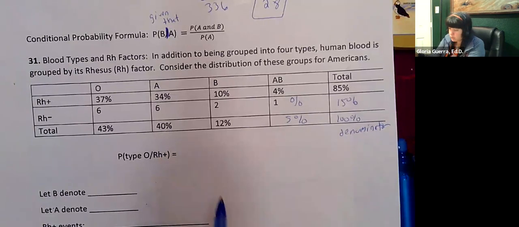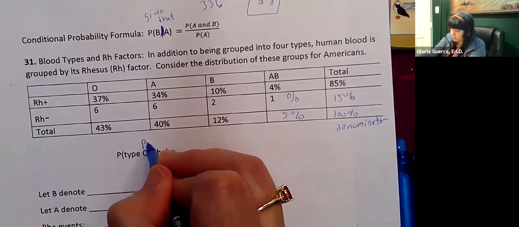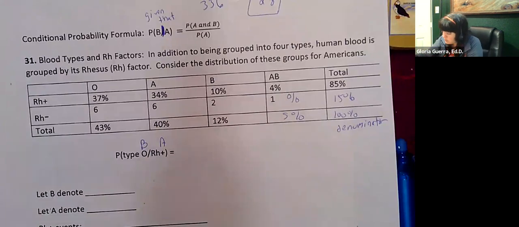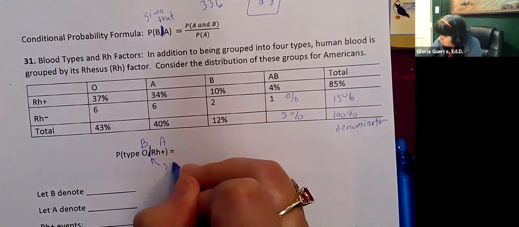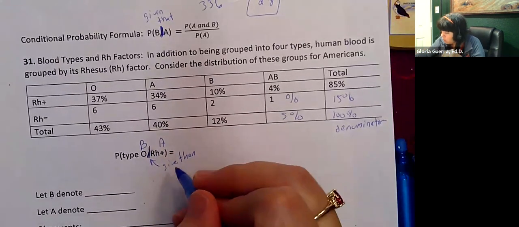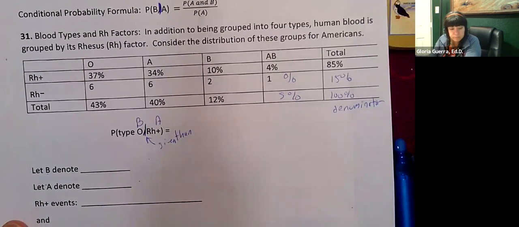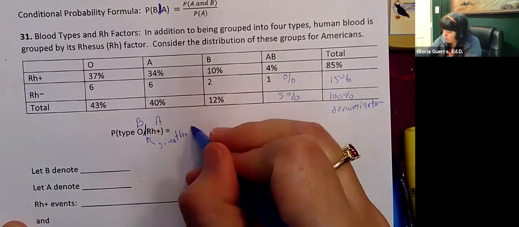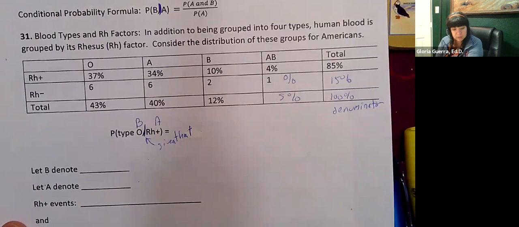So this is O, this is going to be your B, and then this is your A. And this means given that, it should be like a straight line here.